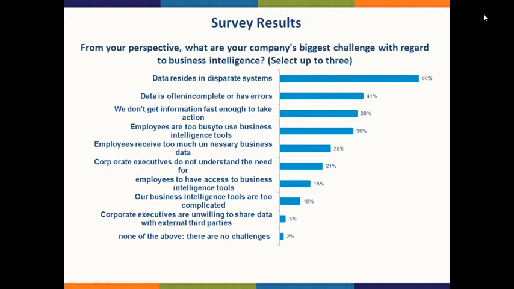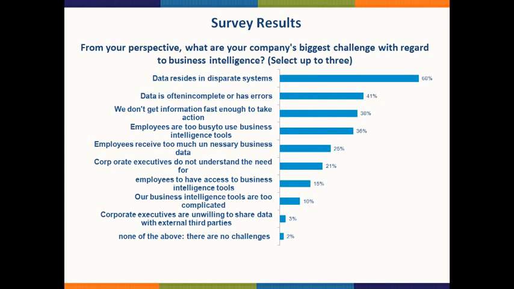A recent survey was done, and there were many other questions, but the important question in this context was, what do you think is the biggest challenge for the company in terms of how you use your data, etc.? A lot of times these are the basic reasons why people struggle with building good KPIs to drive their business, and part of that is disparate systems, data that is incomplete or has quality issues, and not getting timely information, people are busy.